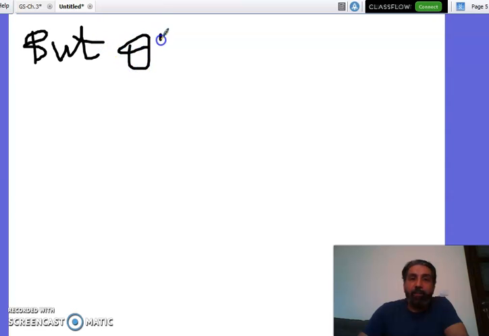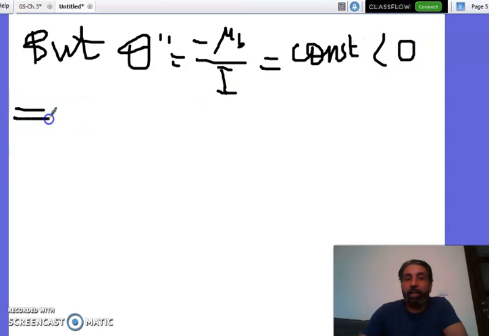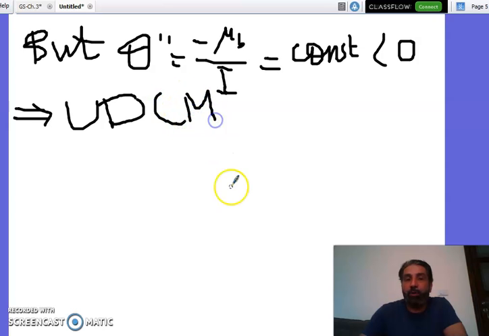But theta double prime from part 1 is equal to minus the moment of the couple over I. It means it is constant and negative. So what is the nature of motion? Uniformly decelerated rotational or circular motion. Let me call it circular motion.